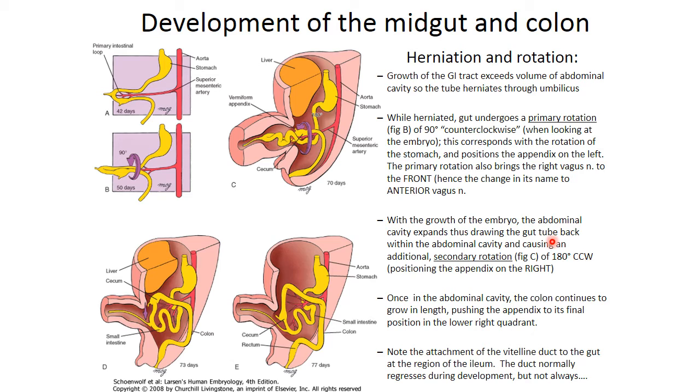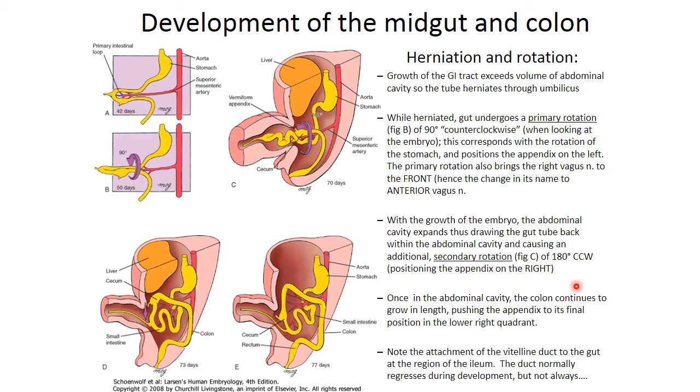So you must remember, the first rotation is 90-degree counterclockwise when the gut loop is going to herniate into the umbilical cord, and when it is going to return back, then the rest of the 180-degree counterclockwise rotation takes place. And in total, the midgut loop undergoes 270-degree counterclockwise rotation.